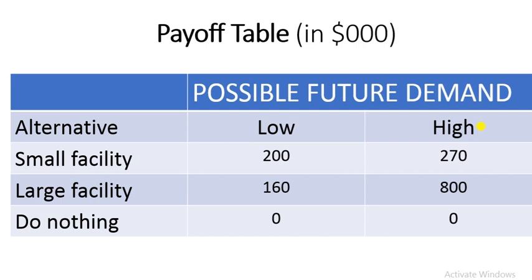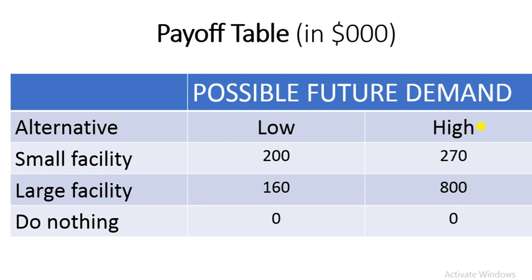After these alternatives, in the next column, he has mentioned the possible future demand. And if you talk about the possible future demand, he has given you two events. First, if the demand is low, then what will be the value of the payoffs? And if demand is high, then what would be the value of the payoffs?